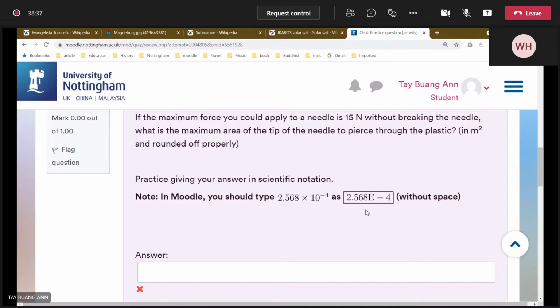But in yesterday's answers, I found that some students key in times, using an X, 10, then for the power they use the triangle, not pointing upwards. Let me warn you, those are non-standard ways of doing things. Sometimes Moodle would not accept that. Do you get me?